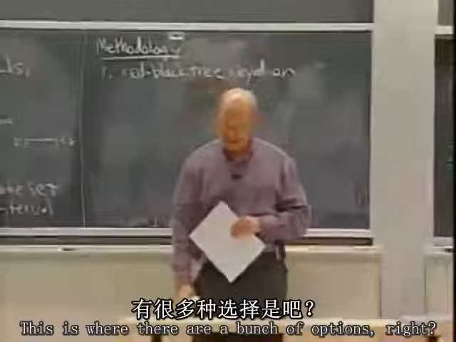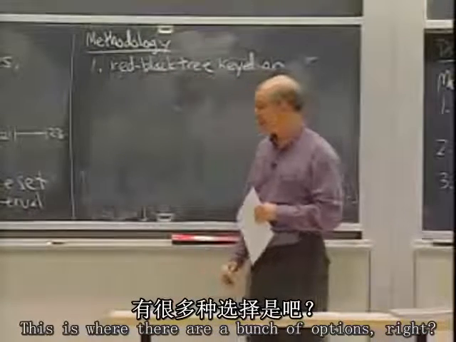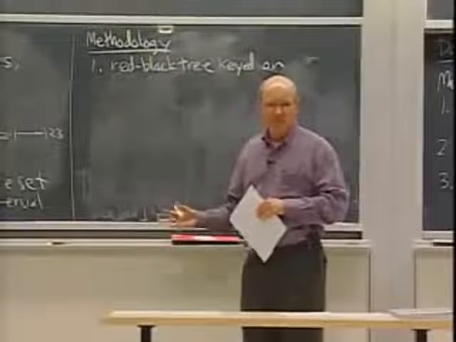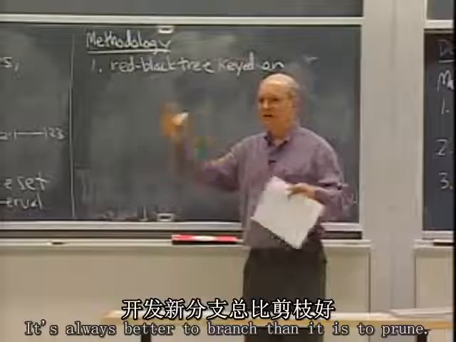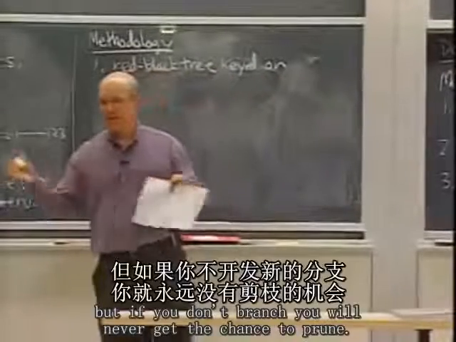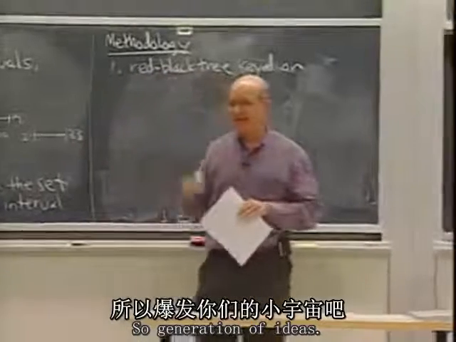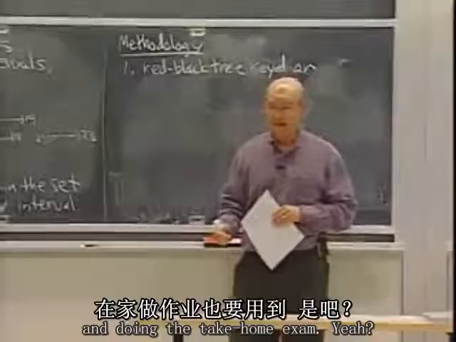Now this is where there's a bunch of options here, right? So throw out some ideas. Always better to branch than it is to prune. You can always prune later, but if you don't branch, you never get the chance to prune. So generation of ideas. You'll need that when you're doing the design phase and doing the take-home exam.